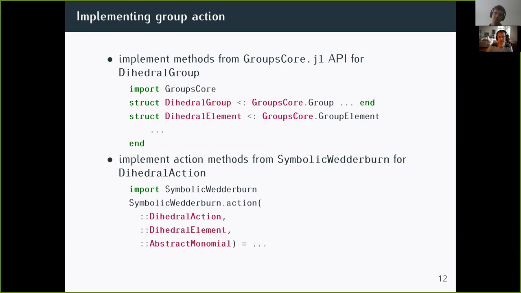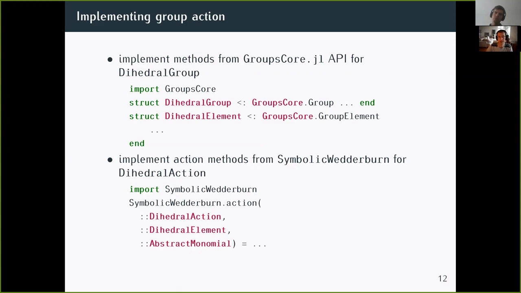So this API consists of 2 objects. One is the dihedral group object that is a subtype of group. This is something called the parent object for group elements. And then there is a dihedral element, which is a subtype of group element.